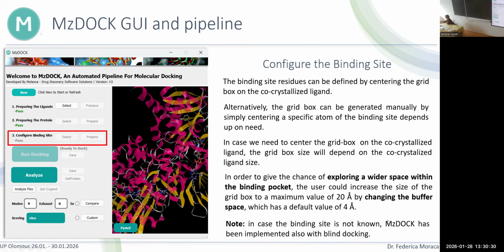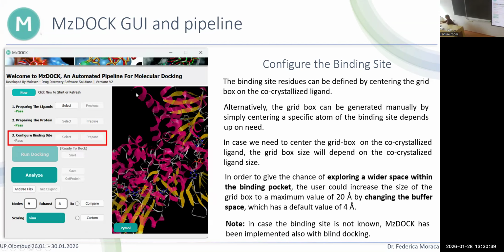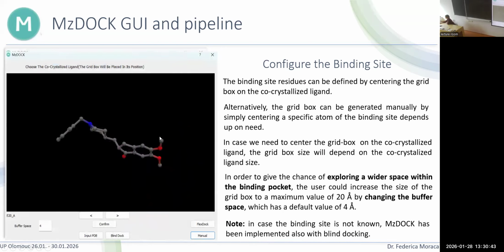Okay, we're talking about the grid box. So once we select to prepare the grid box, this pop-up window will open, and for instance, in this case, we can choose to build the grid box on the co-crystallized ligand. But of course, MZDoc also has the possibility to manually build our grid box.